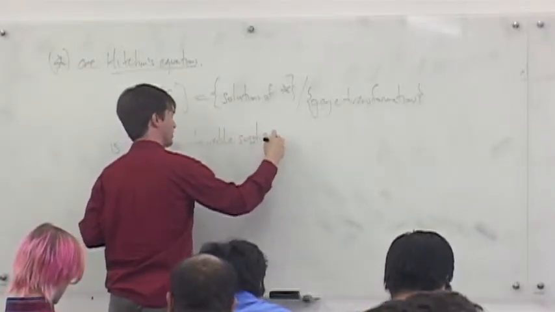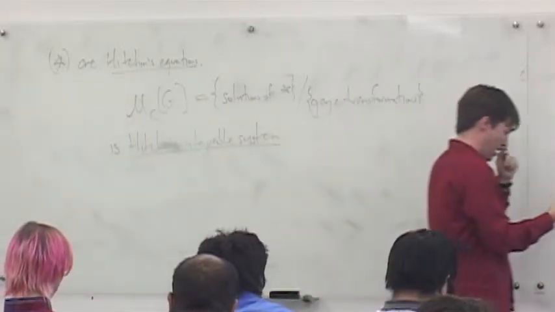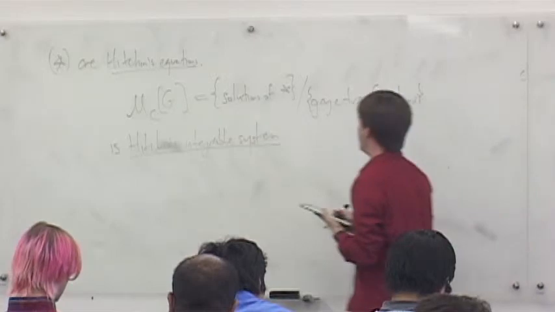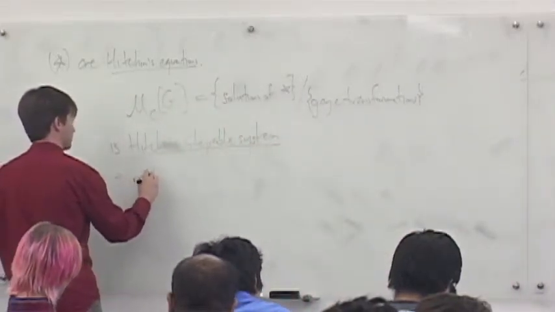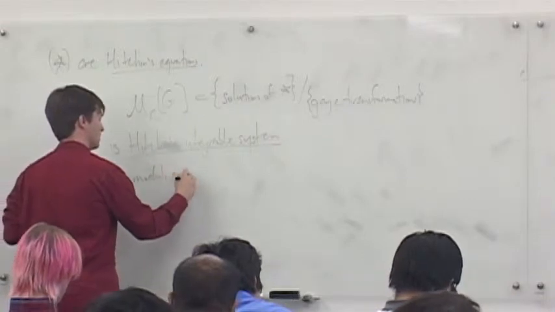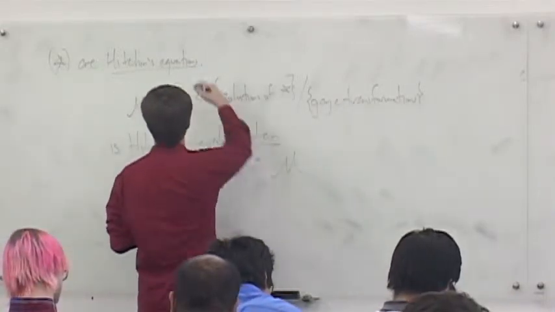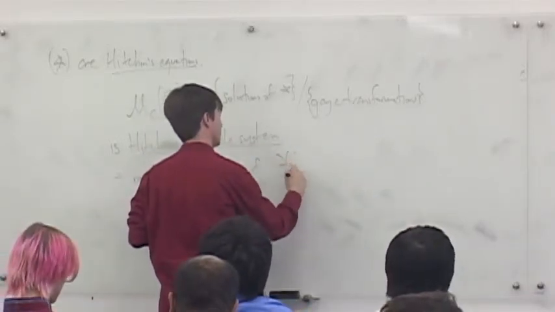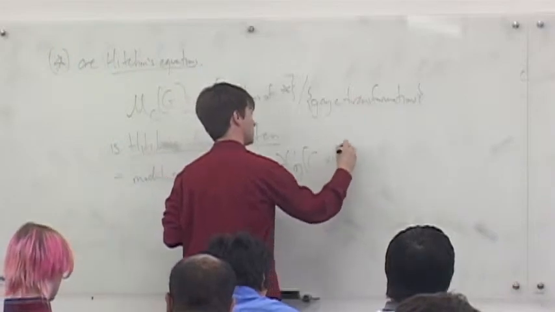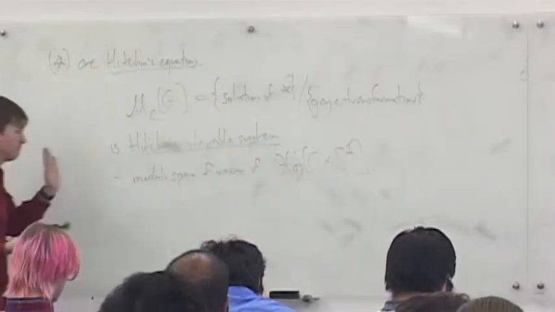But so far we just see it as a manifold, right? Just the space of solutions of this equation. And so this is the moduli space of vacua of the theory on M_C of G cross S.